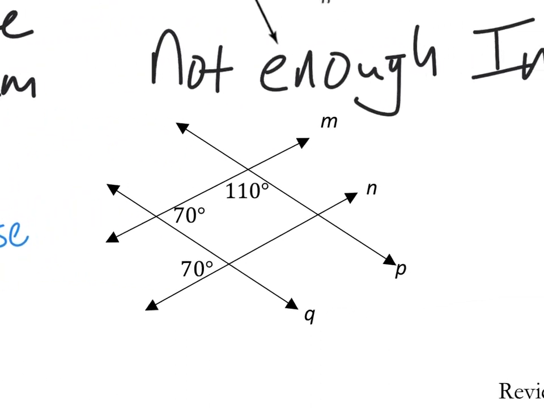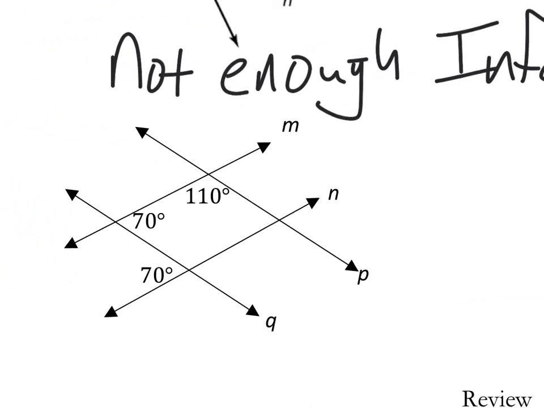So we have to leave it at P and Q. That's all we know. Okay, here's one we did in class, so you might recognize this. But we've got a couple different things going on. There's an angle right there that's 70 degrees. And there's an angle that's 70 degrees. Well, what kind of angle pair are those?